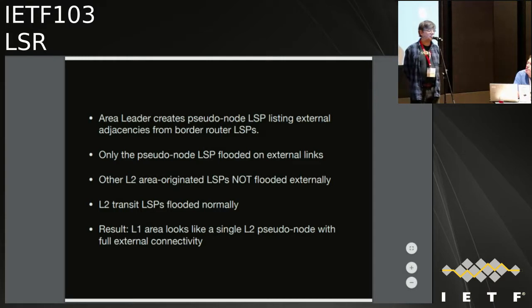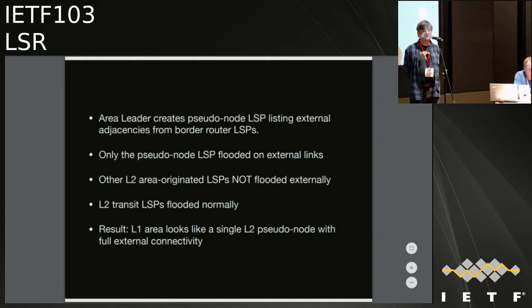Back to advertising the right information. The area leader now has an L2 database that contains all of the L2 information from all of his area border routers. That gives us the identities of all of the adjacencies for the area, and he can cobble all of those up and list those as adjacent to the pseudonode.